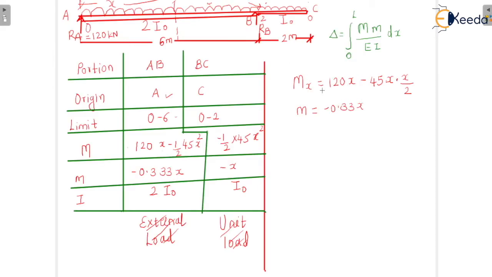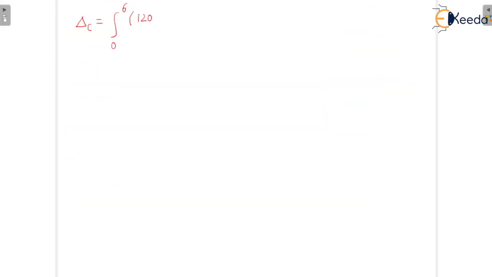Now let us find out the deflection at the free overhanging end. Let us substitute all the moment values in this equation. Our first part is 0 to 6, and we are simply substituting these values in the equation.